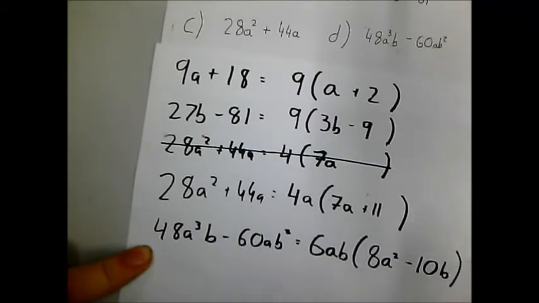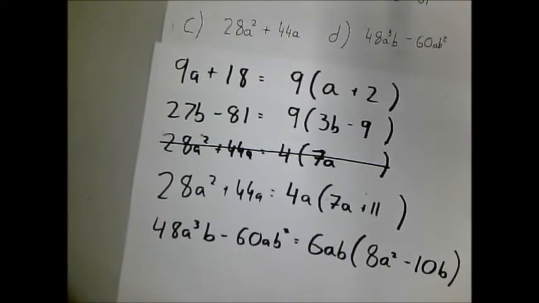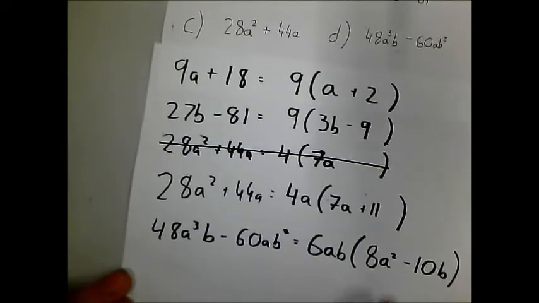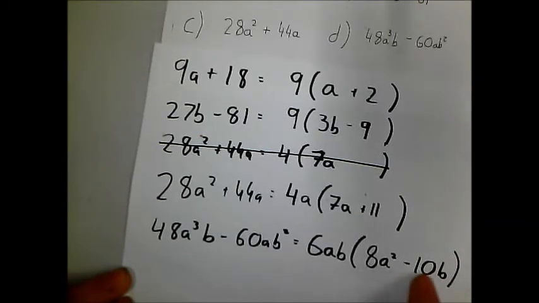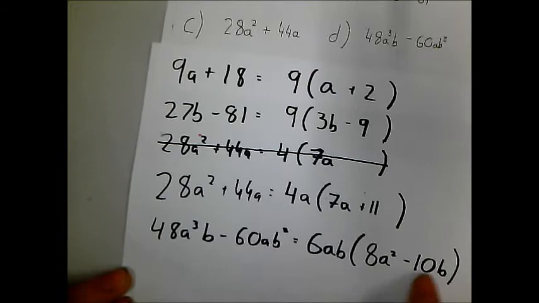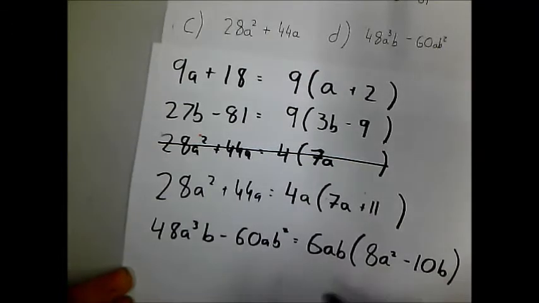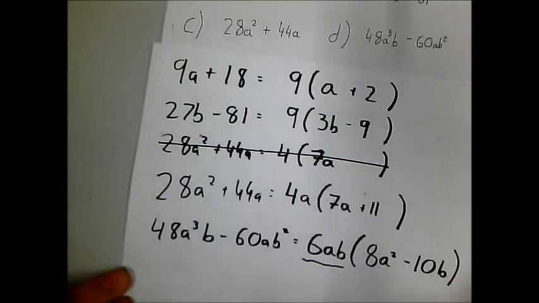B. Now, if I look inside my brackets here, I've still got a common factor in here. I've got a 2 that can still go into both of these. So I've made a mistake there. So all I'm going to have to do now is just redo it again very quickly.